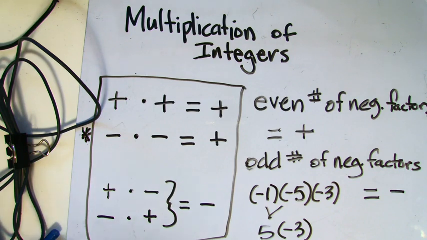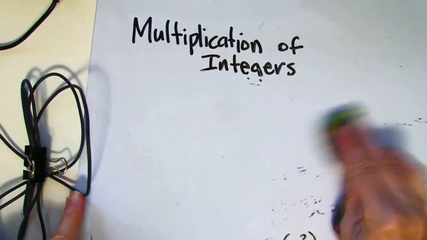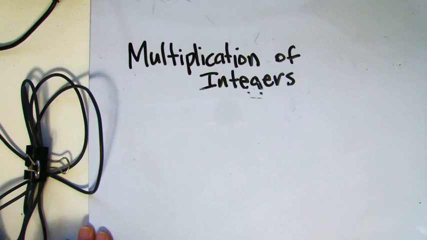Now there's one other type of problem that I'm going to talk about here, and that's when we're multiplying a factor by 1.